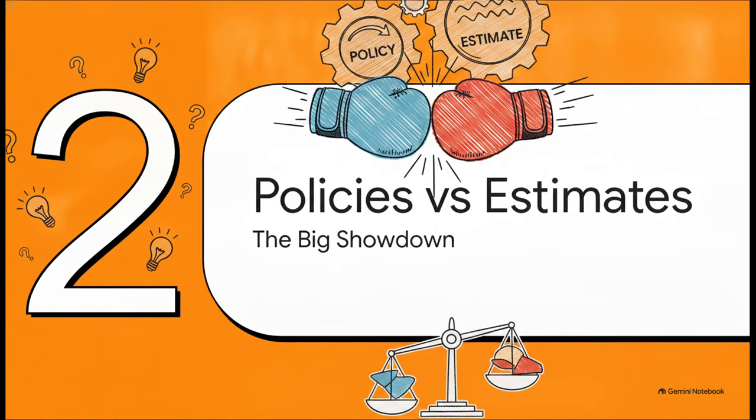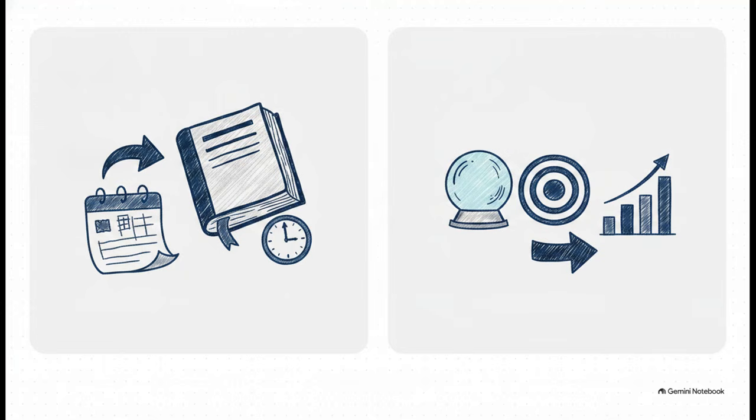All right, moving right along to Section 2, Policies versus Estimates, the big showdown. Now we're stepping into what is arguably the most highly tested concept in this entire module. You need to burn this into your memory for exam day. The difference between handling a policy change versus an estimate change is night and day. A policy change has to be applied retrospectively.